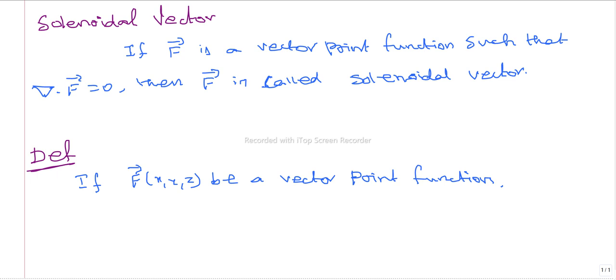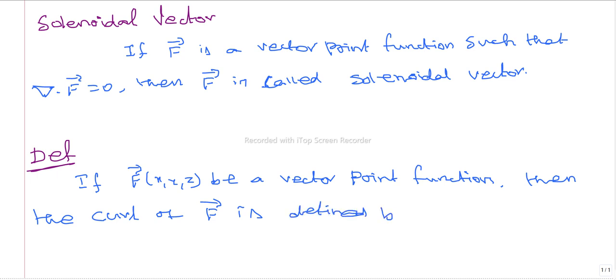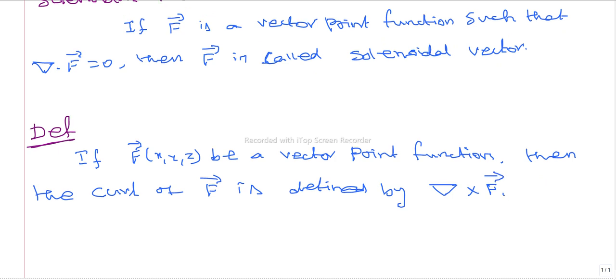Then the curl of f vector is defined by the vector product of del and f, that is del cross f vector. So we denote curl of f vector as del cross f. So you have to take the vector product of these two vectors.